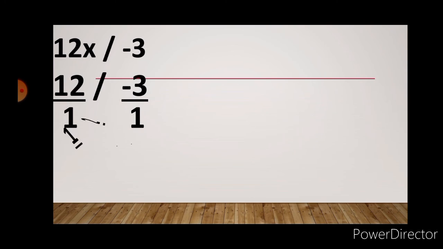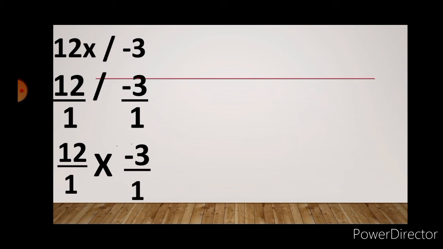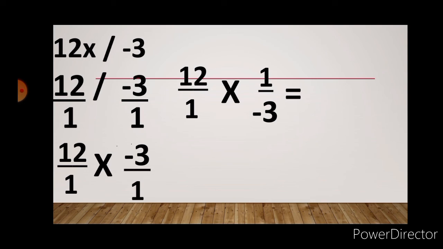Now when we interchange the left, something like this, I'll ask you a question. Do we get it this way? Though we have changed the sign, we haven't interchanged them, so we haven't got it. Now when we put it this way, we get it clearly. Now we have 12 all over 1 multiplied by 1 all over minus 3.